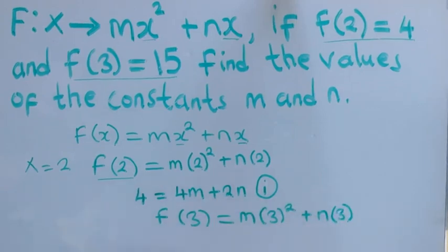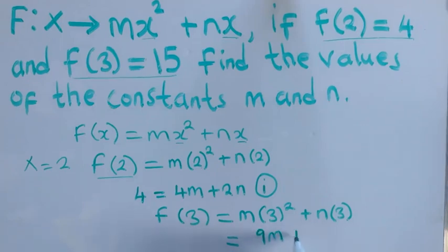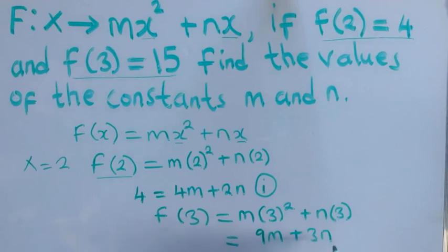So I hope you are following here. Then from here, what are we going to do? If we multiply 3 power 2, it's a 9. So this will give us 9m + 3n. That is what we are going to have.